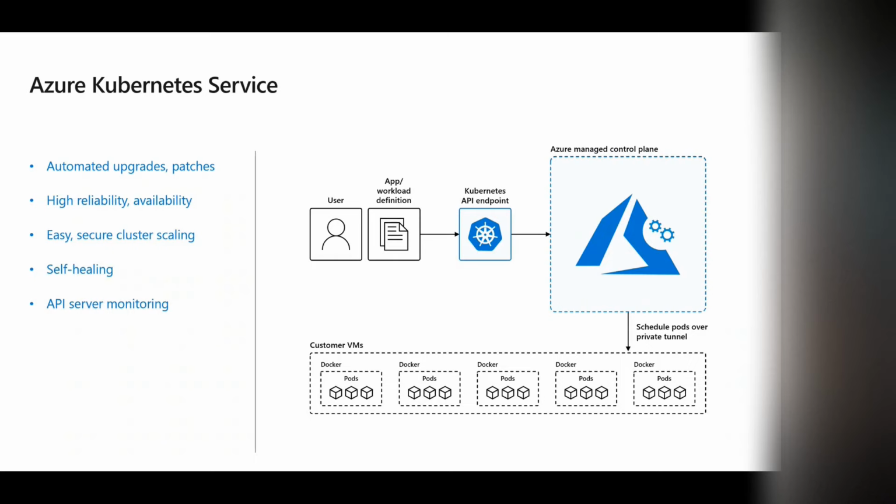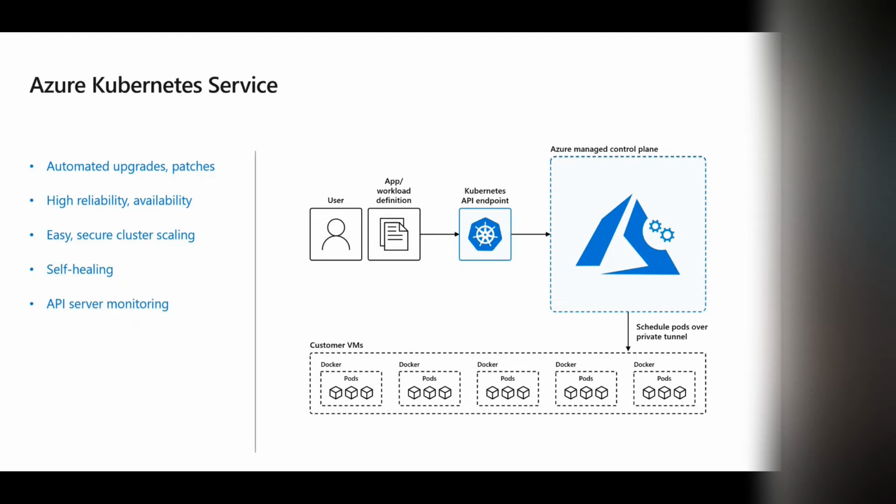So it's a match of the best of both worlds: one of the most powerful container orchestration platforms, Kubernetes, and Azure Cloud. The management plane is taken over by Azure, so you don't have to worry about setting up management nodes. That is taken care of by Azure. You just deploy your workloads on the worker nodes, and that's what you pay for. So that's a quick summary of Azure Kubernetes Service.